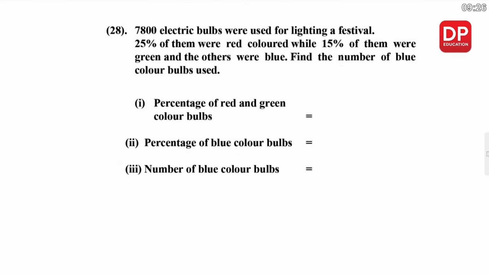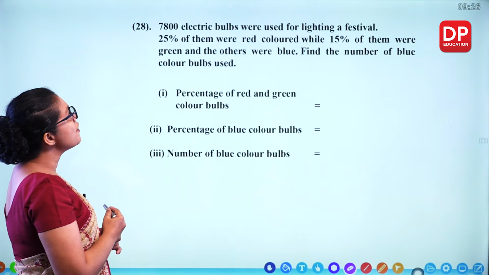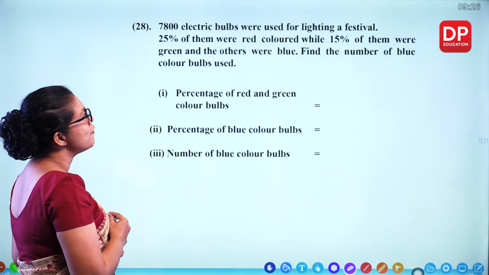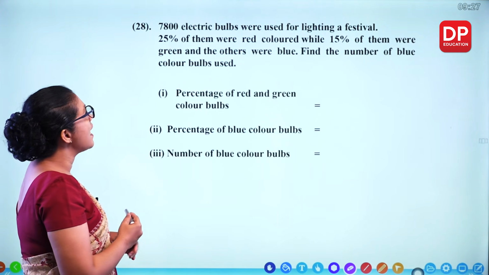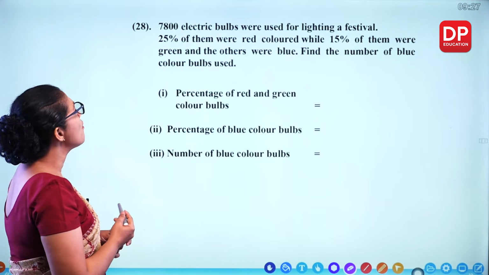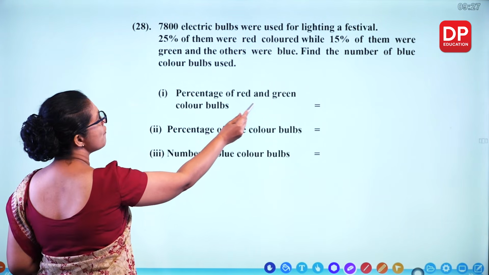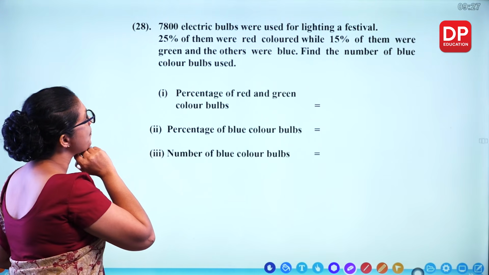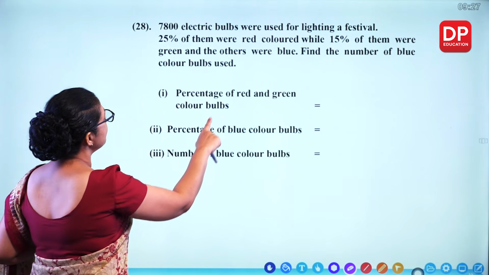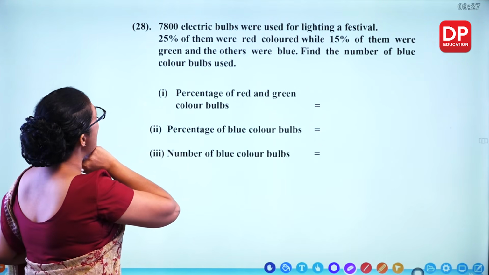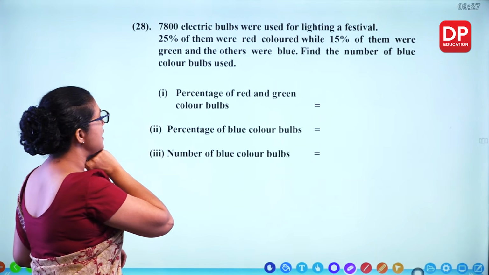Look at this question. 7,800 electric bulbs were used for lighting a festival. 25% of them were red, while 15% of them were green and the others were blue. Find the number of blue color bulbs used. What's the percentage of red and green color bulbs? So 25% and 15%.